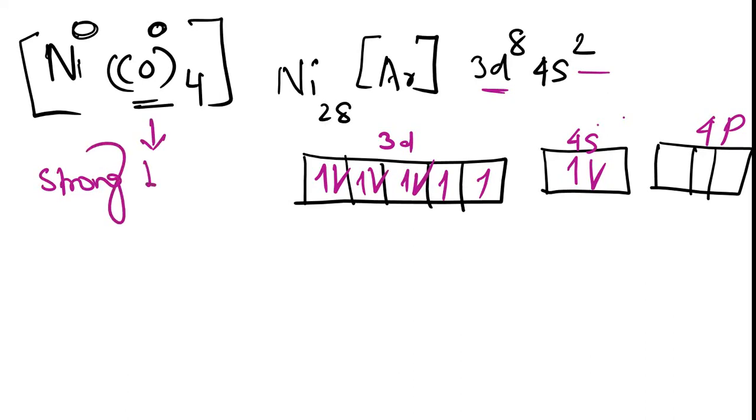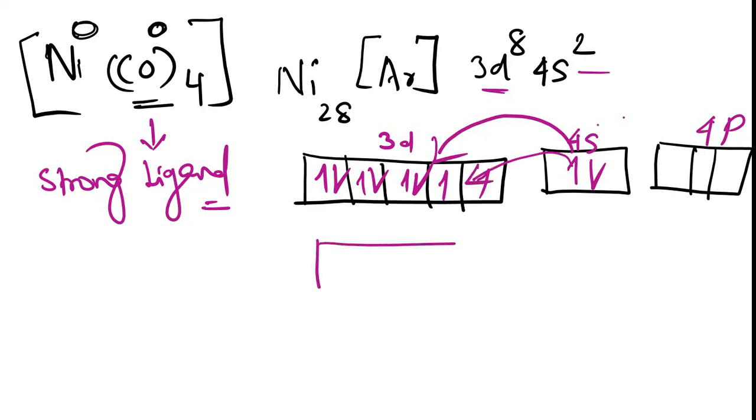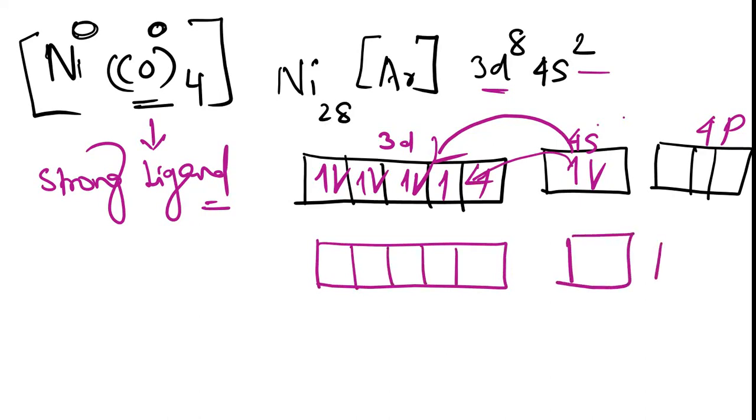It's a strong ligand. Strong ligand means what does it do? It pushes the s electrons to get paired in the d orbital. So the d orbital will be like this now. 1, 2, 3, 4. And here this is the s orbital and this is the p orbital.